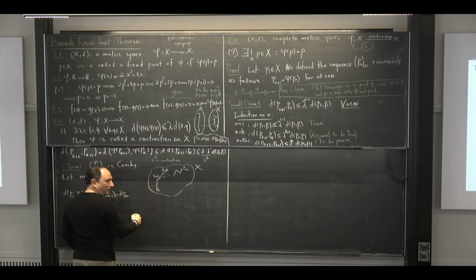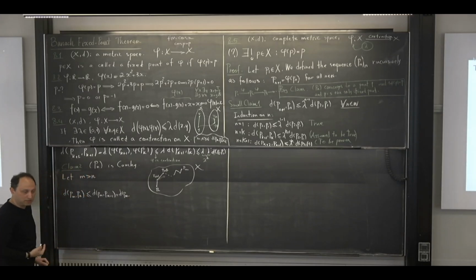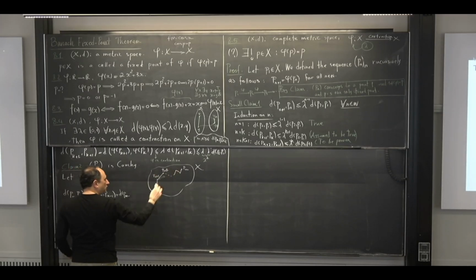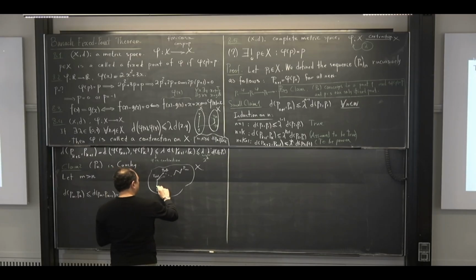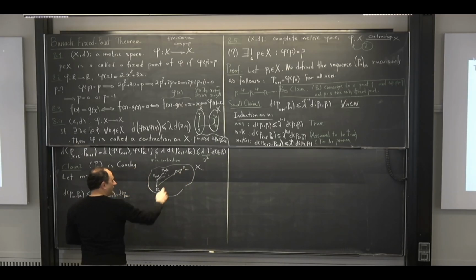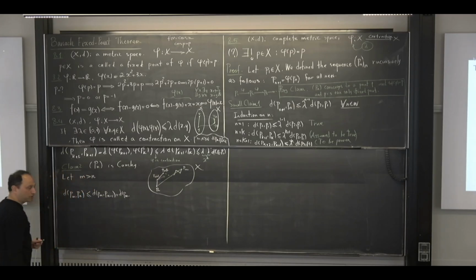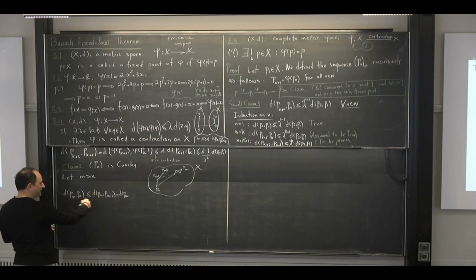This broken line is longer than this straight line. That's the meaning of triangle inequality. So instead of going directly from this point to that point, I am estimating this green line segment by the sum of these broken lines. So this one is less than this sum.